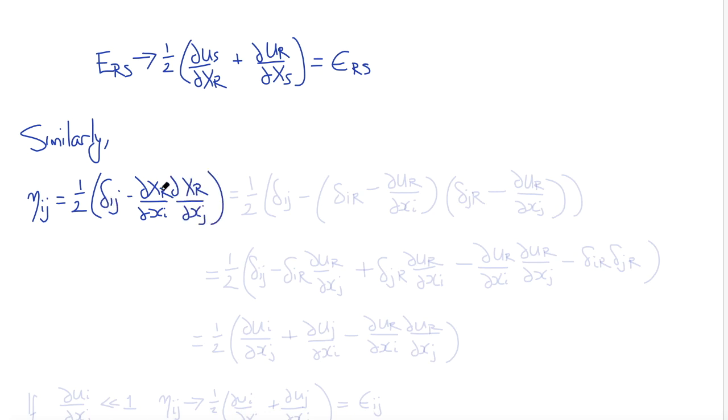Now we can do the same derivation, starting instead with the Almansi strain. Now we get 1/2 of δij minus ∂xr/∂Xi times ∂xr/∂Xj, expanding again in terms of the displacement gradients.